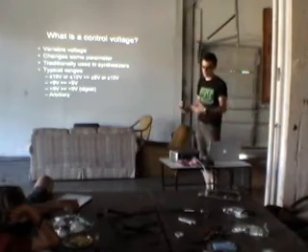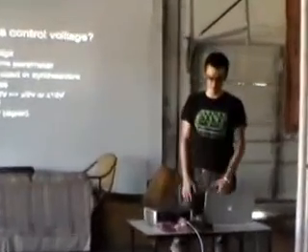Here are some typical ranges. This might not be relevant, but it's good to think about. Most analog synthesizers run on plus or minus 15 volts as their power supply. And typically in an analog synthesizer, the control voltage is either plus or minus 5 or plus or minus 10 volts. A lot of the toys we're going to be messing with, a lot of handheld devices, use 9-volt batteries.